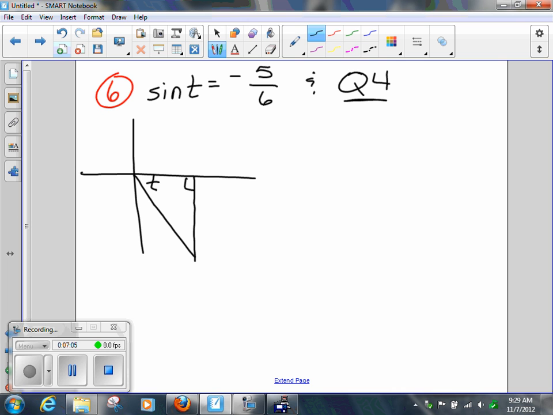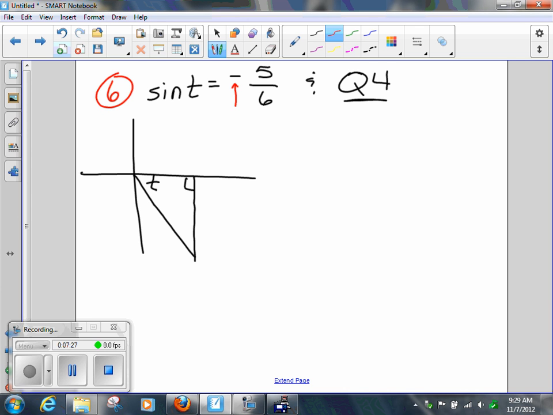I'm given that sine of t is negative 5/6. Do I pay any attention to this negative sign as it relates to the lengths of the triangle sides? No, because I cannot have a negative length, right? That just helps me for placement purposes.